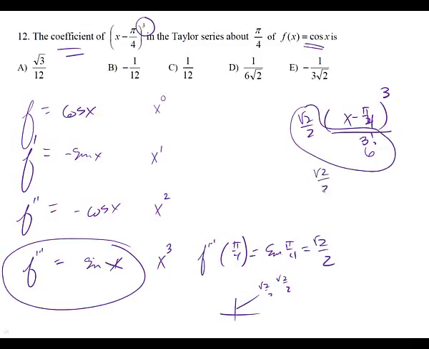So I've got square root of 2 over 2 times 1 over 6. It's square root of 2 over 12, isn't it? Is that one of our choices? What if I do this, 2 over 12 square root of 2? Now do I have one of our choices?